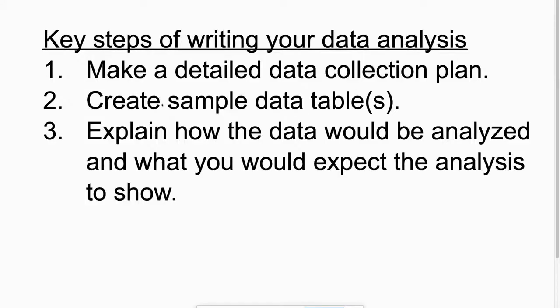In summary, here are the key steps of writing your data analysis. First, make a detailed data collection plan. Write out the details. Number 2, create sample data tables. And then finally, in 3, explain how the data would be analyzed and what you would expect the analysis to show.